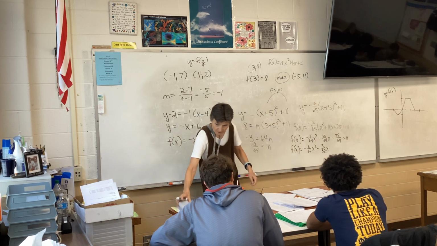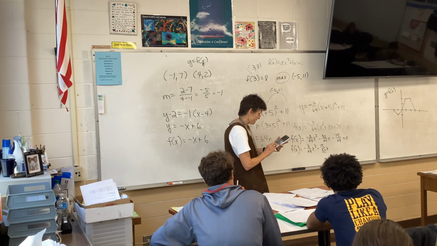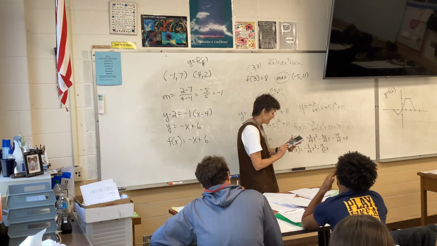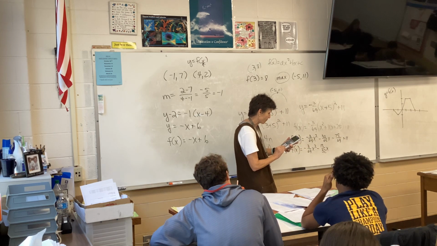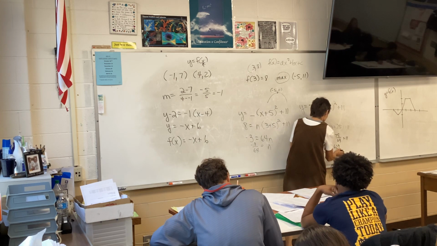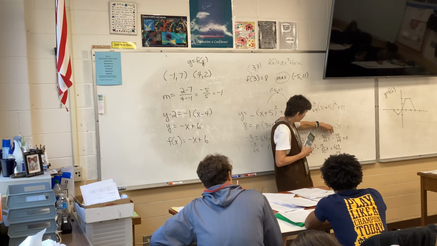And then I'm going to use my trusty calculator. Negative 75/64 plus 11 equals, math frac, 629/64. So I just let my calculator do all the work.